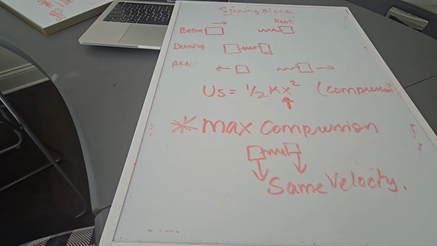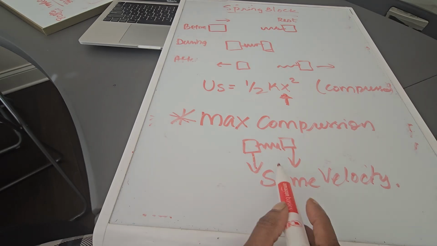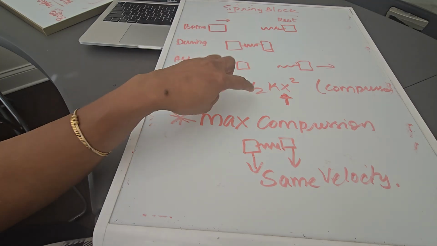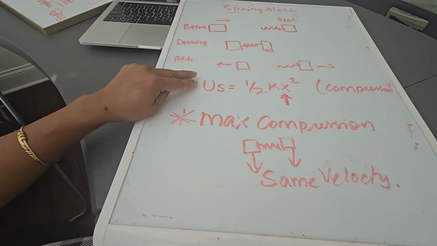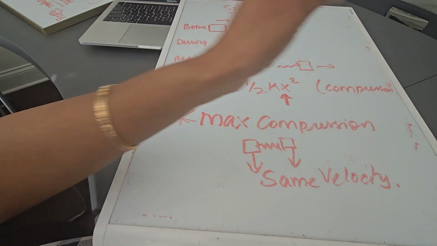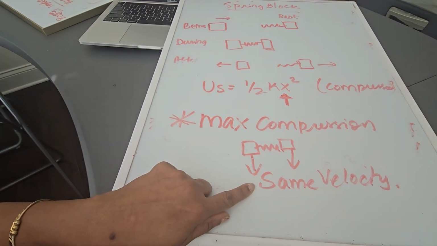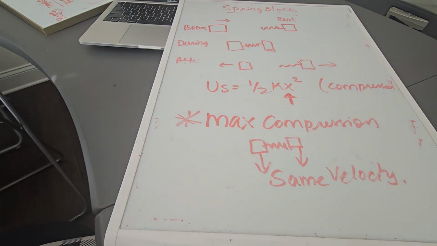So when you write your momentum equation, you are going to assign the same variable for the velocities of these blocks, and you still write your energy equation, and still you will solve for x. The main difference between finding compression versus maximum compression is that for maximum compression you include both blocks with the same velocity. Hope this helps.